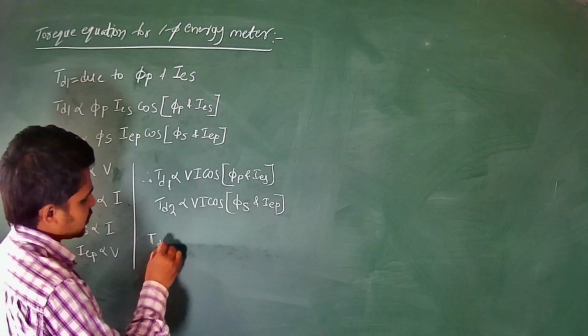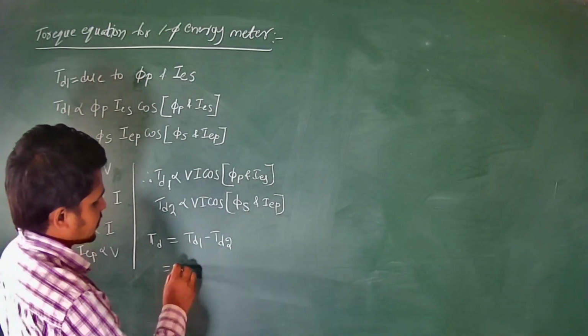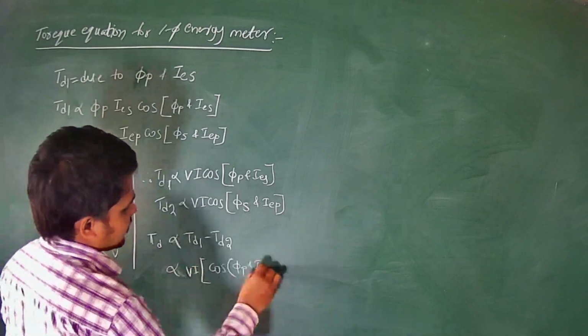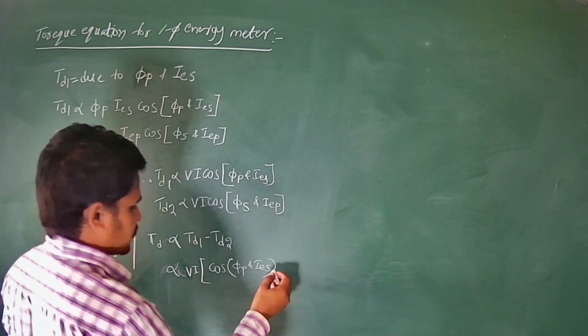If you substitute that, it is proportional to VI common, times cos of the angle between phi p and IES minus cos of the angle between phi s and IEP.